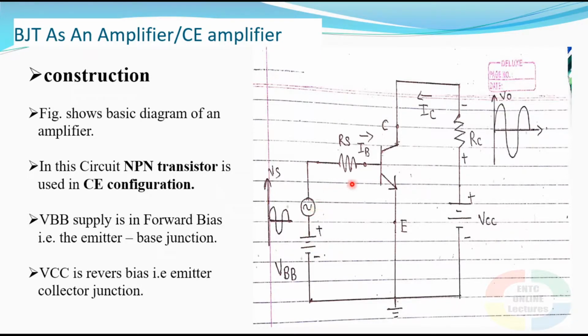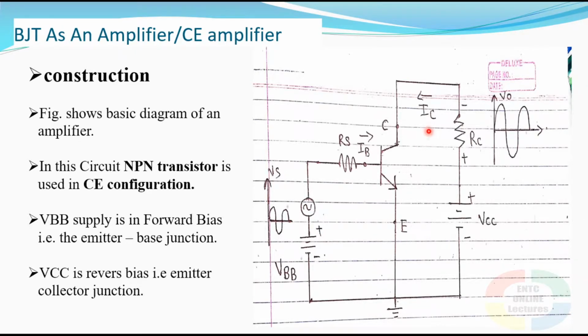When the input side is in forward bias and the output side is in reverse bias, the transistor acts in active mode. That means when we increase input voltage Vs, a large number of electrons are injected towards terminal C, and the collector collects all the electrons.